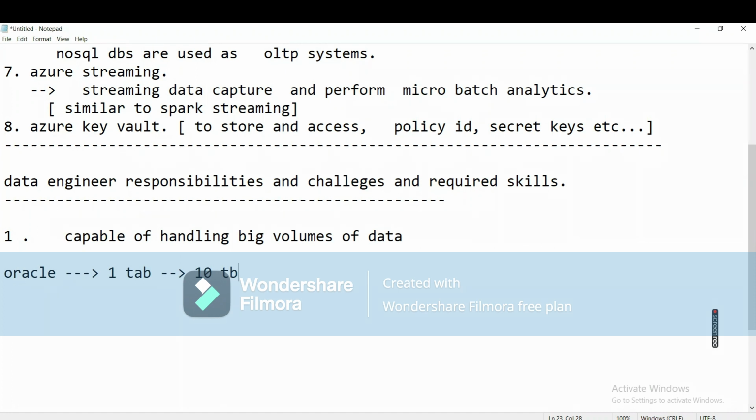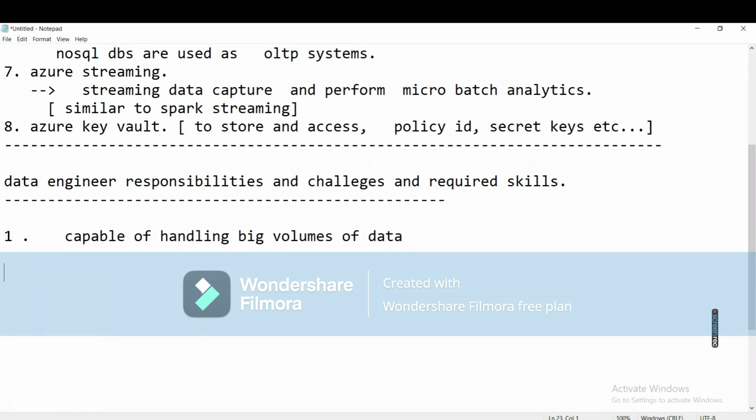Already I told you, the OLTP systems have weaker capacity. That's why they maintain only recent data always. Okay. But today for the organization, data is in terabytes. Already some of the organizations have reached petabytes, zettabytes also.